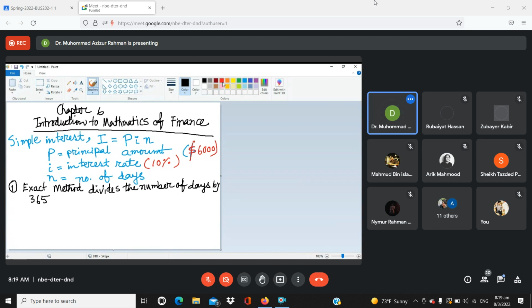So in that case, n equals number of days divided by 365.